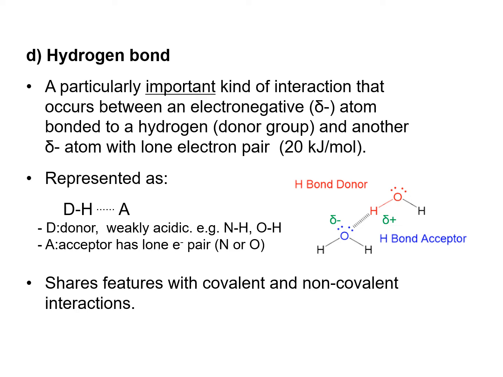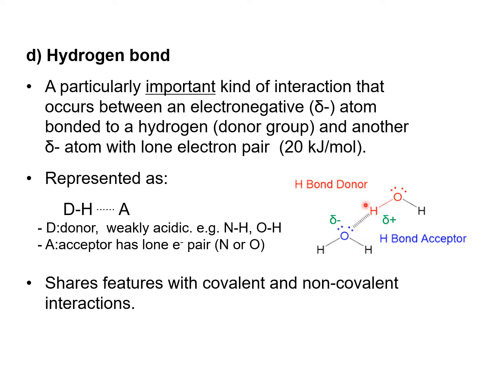And the acceptor is an electronegative atom with a lone electron pair, and the examples are the nitrogen atom or an oxygen atom. And this picture shows two water molecules interacting with each other through the hydrogen bond right here. This red-colored water molecule is a donor, and this blue one works as an acceptor.